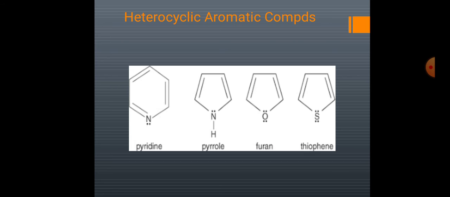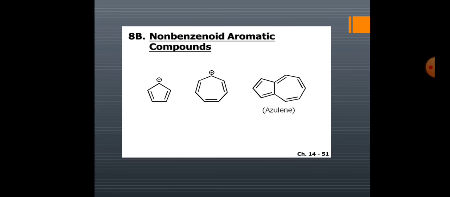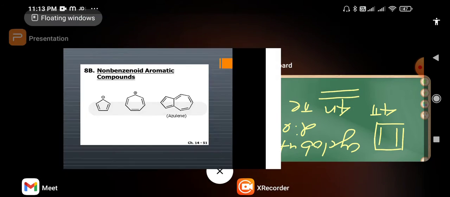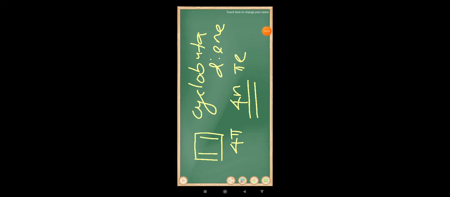If you take any of these, say furan as an example, furan is heterocyclic with oxygen as the heteroatom. Here the two non-bonding electrons also are involved in delocalization.